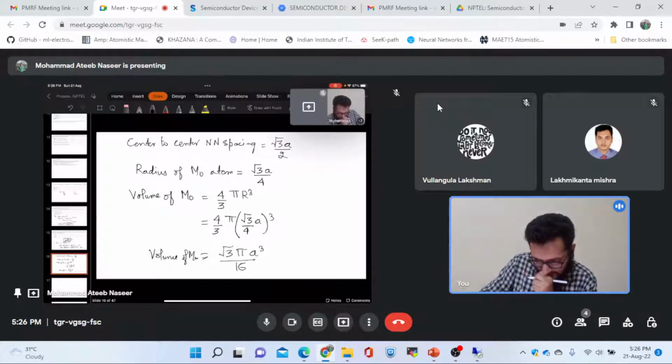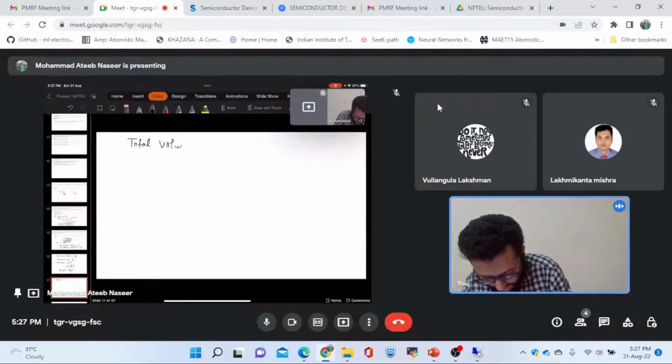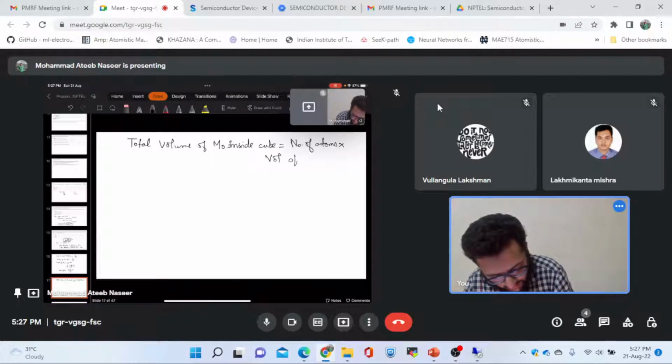Now we have to find the total volume. In BCC the number of atoms is 2. So the total volume of Mo inside this cube will simply be equal to the number of atoms into the volume of Mo.